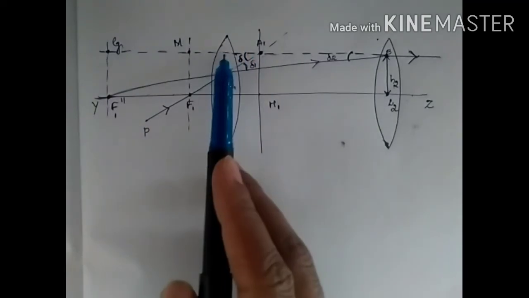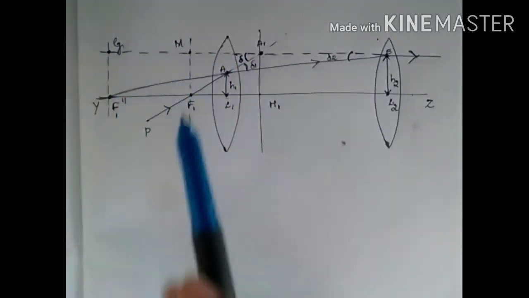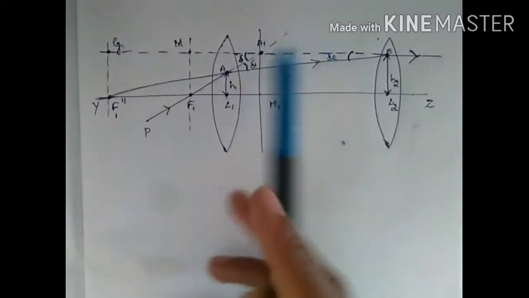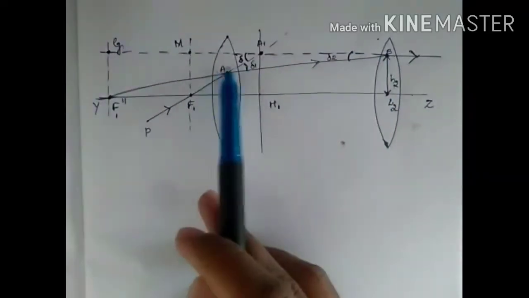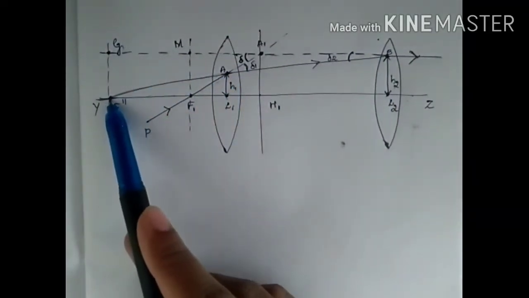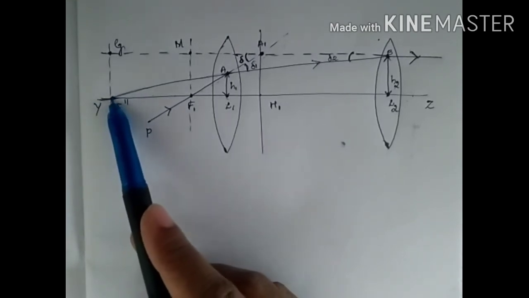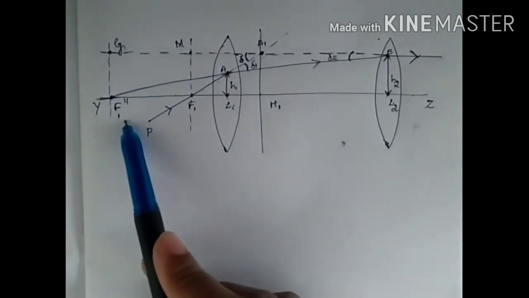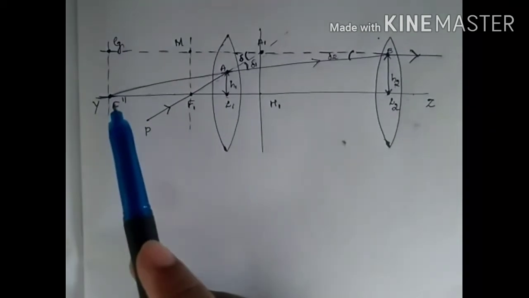Now again we are extending this line and we have produced the AB line further. So this AB line will intersect the principal axis at the point F1 double prime.